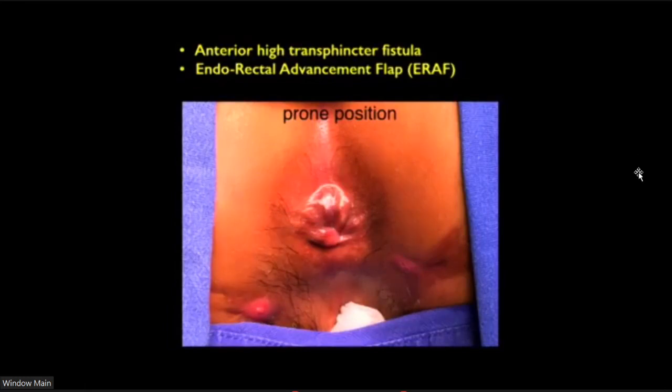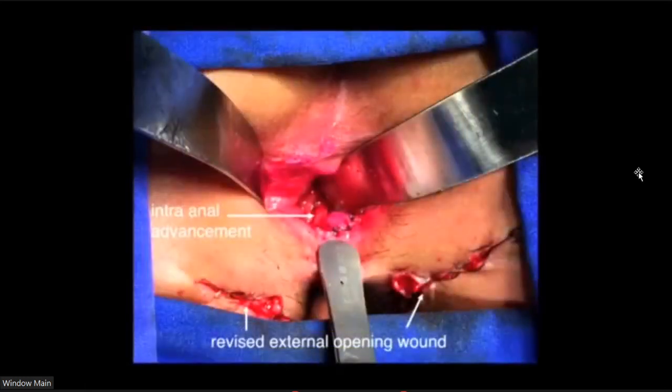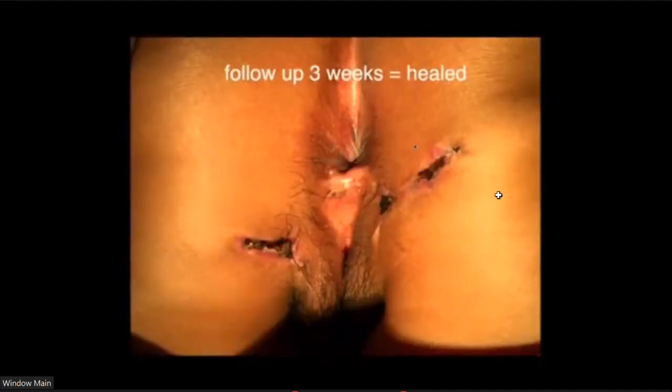Go to here. You can see this is the flap. I used the flap in this case. This is an old picture. I used this many years ago, but nowadays I do not use the flap. I used flap in the past, but now I do not use. I use less and less flap.